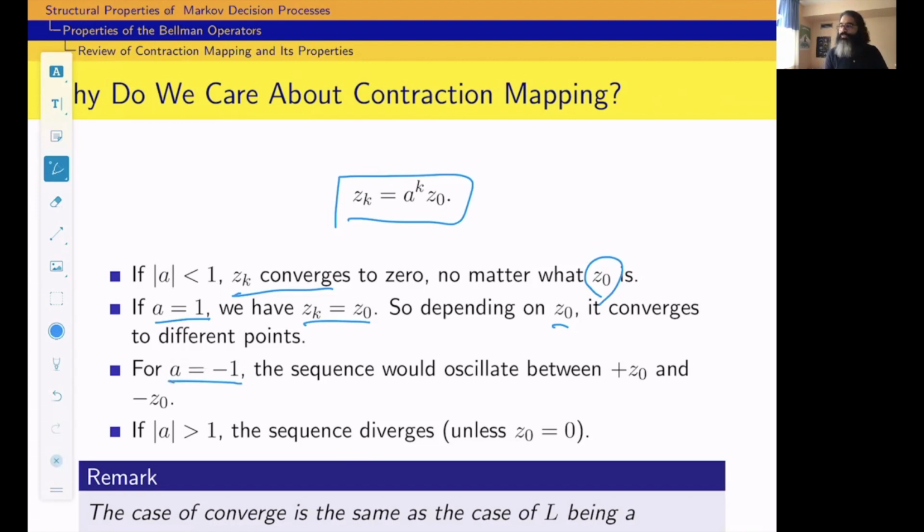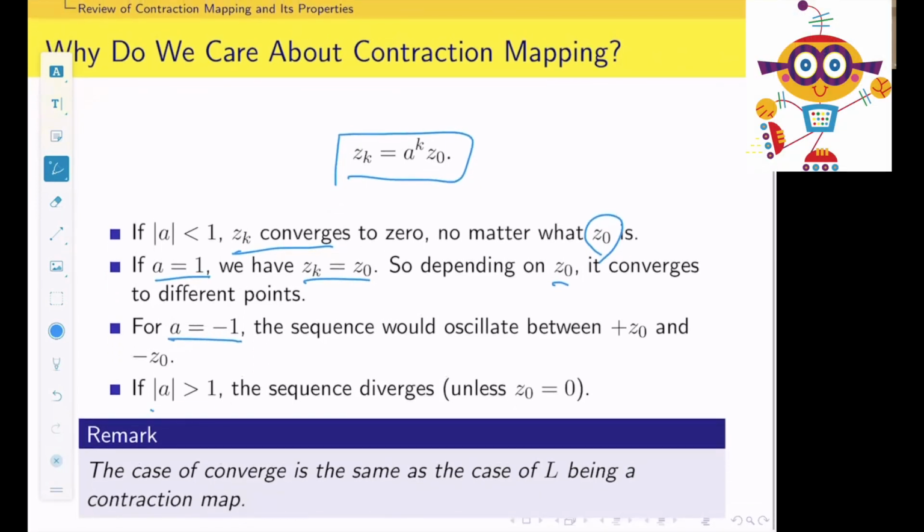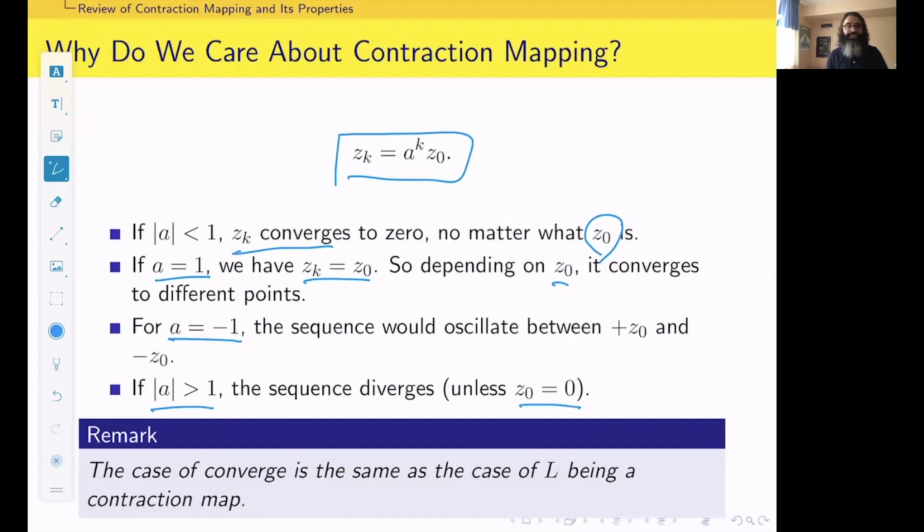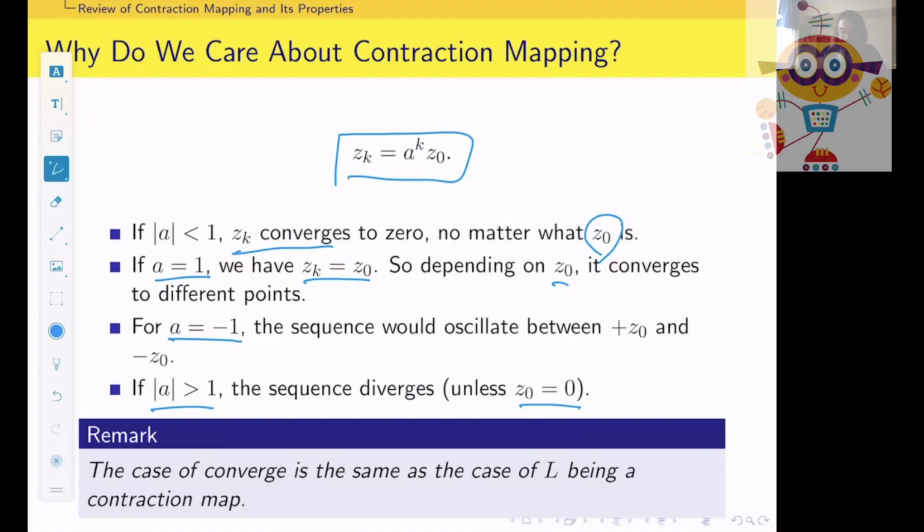If A is equal to minus 1, the sequence would oscillate. It would become plus Z0, minus Z0, and so on and so forth. And if the absolute value of A is larger than 1, the sequence diverges, unless, of course, Z0 is equal to 0. So this is interesting, because the only case in which this dynamical system converges to a single point is when the absolute value of A is smaller than 1.